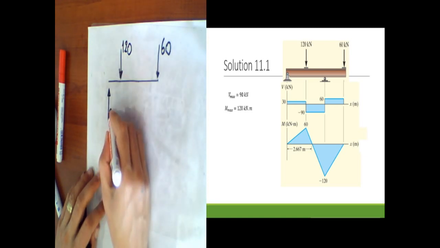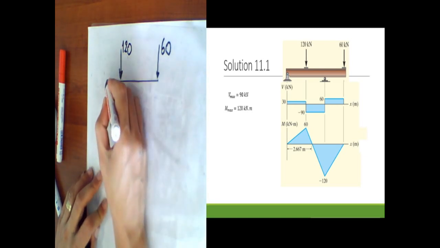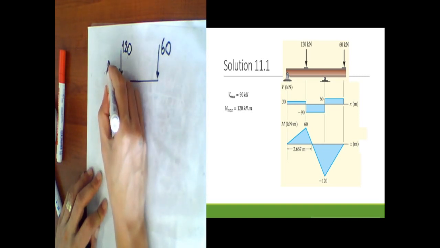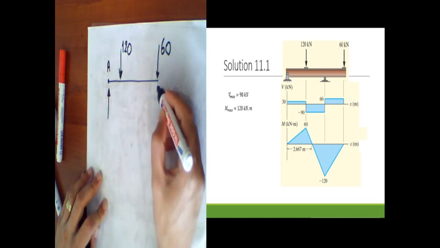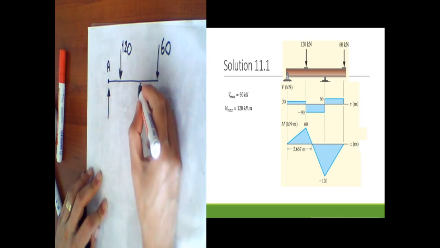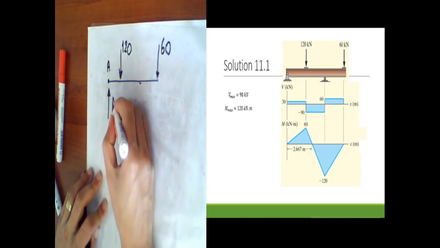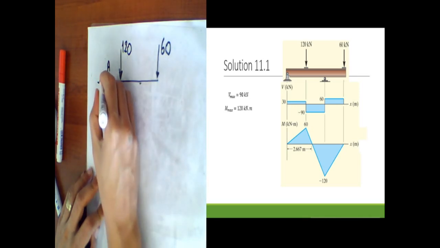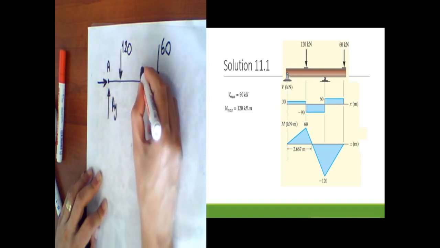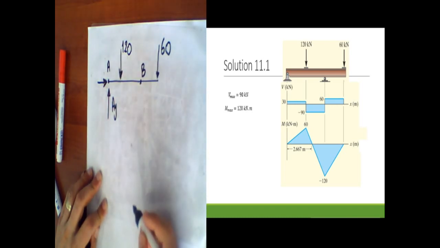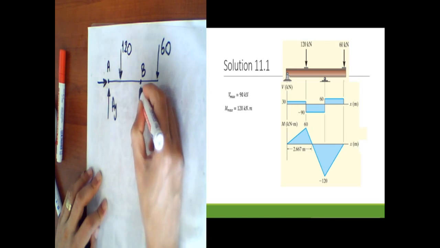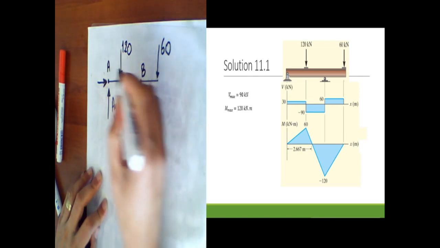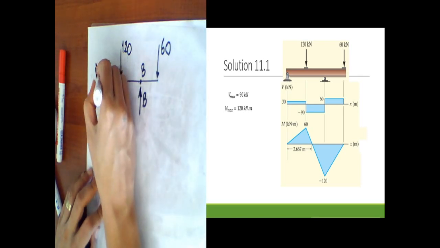I call this point A and this point B, so I write AY and AX at A, and B at point B.